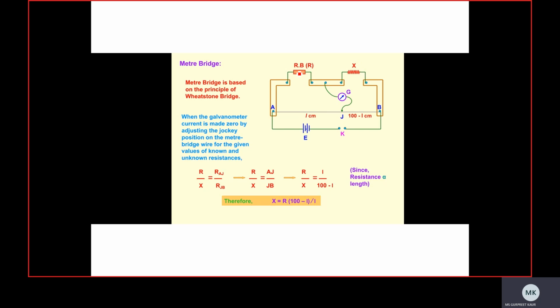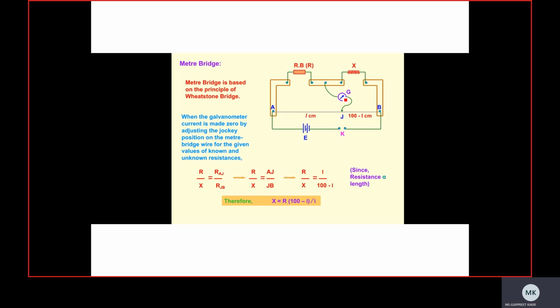You have taken out some resistance from this resistance box that will be known to you. This is an unknown resistance. After inserting this key, you will start sliding the jockey over the meter bridge wire. At a particular point, at a particular length, say L centimeter, the galvanometer gives null deflection.